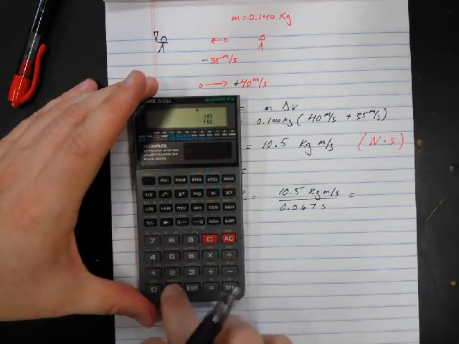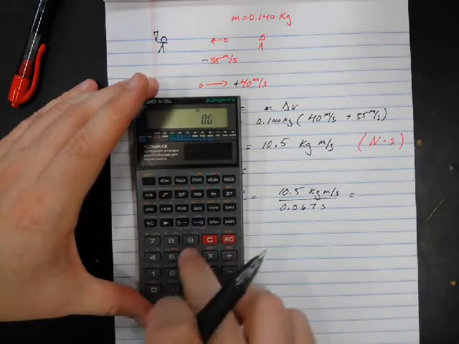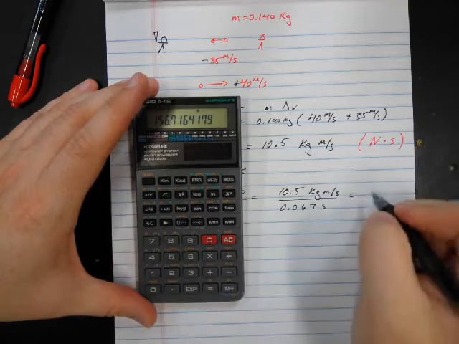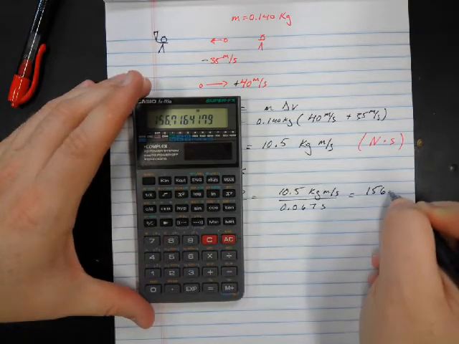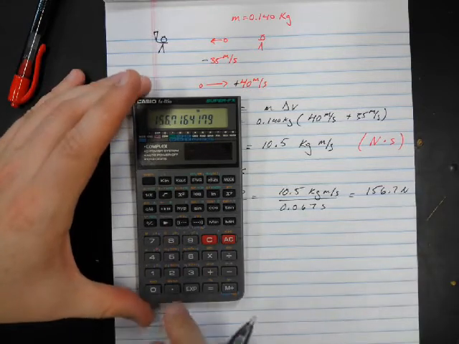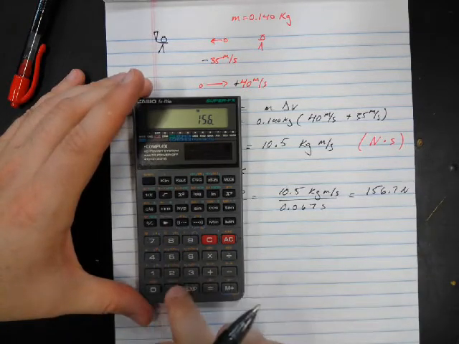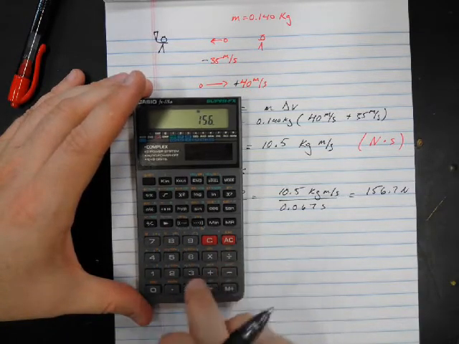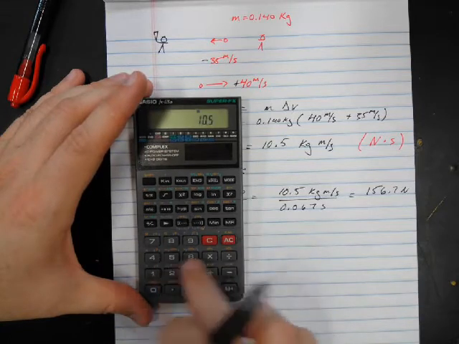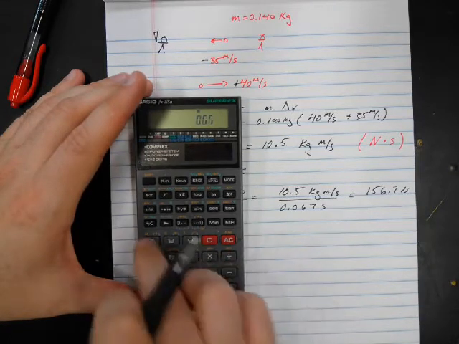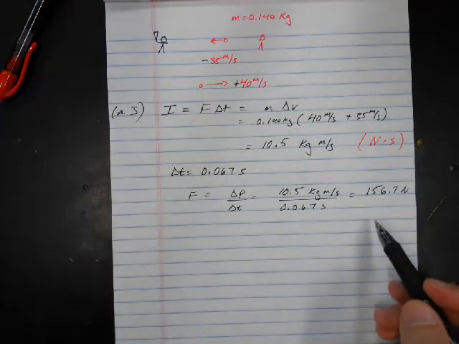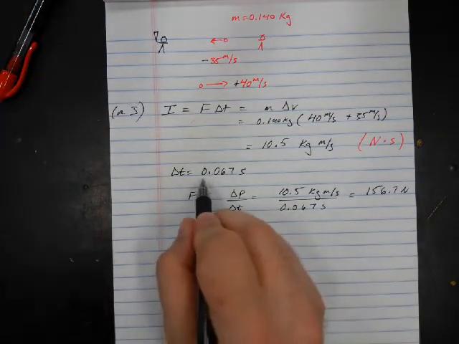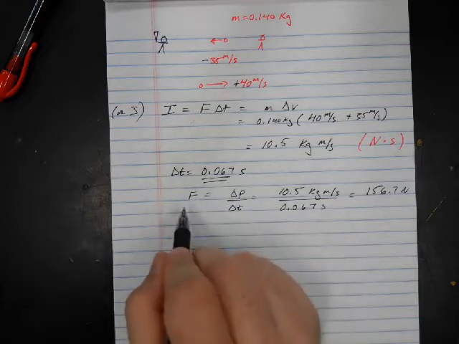Well, 10.5 divided by 0.067 is 156.7 newtons. Does that seem right? 10.5 divided by 0.067 is, okay, yeah, that's fine. So maybe our estimate's really wrong. Maybe this is too big.